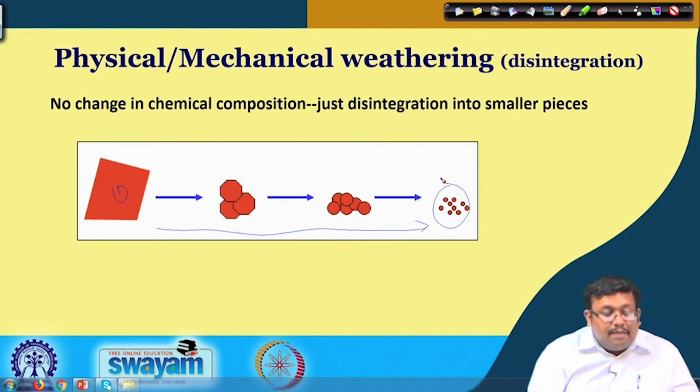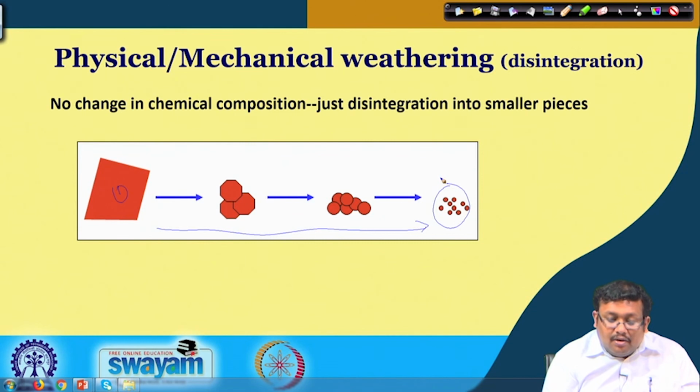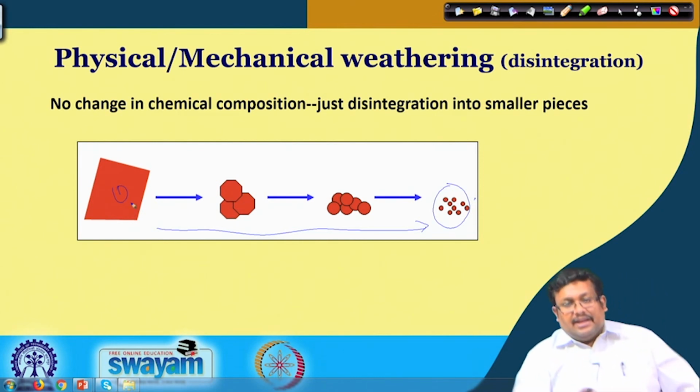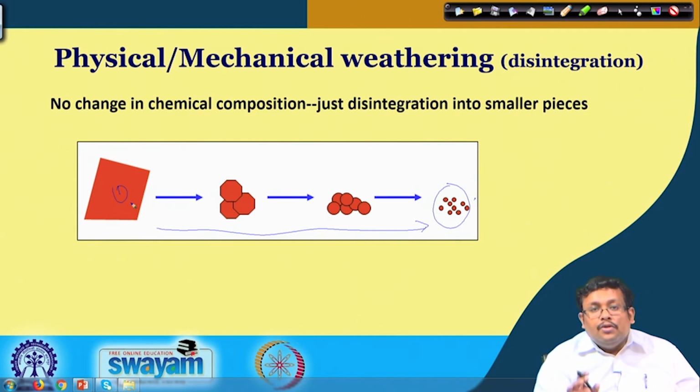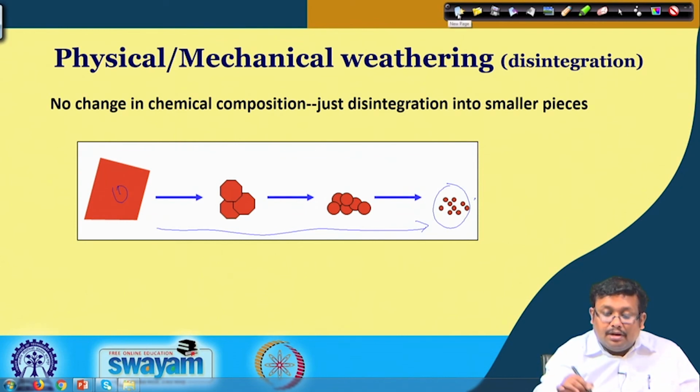This is an example of physical weathering, because there is only creation of smaller pieces. The chemical nature of these smaller fragments is the same as that of the bigger rock. This is the primary criterion of physical weathering: no chemical alteration, only change in size.